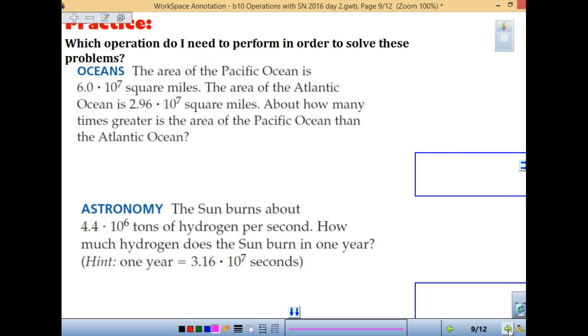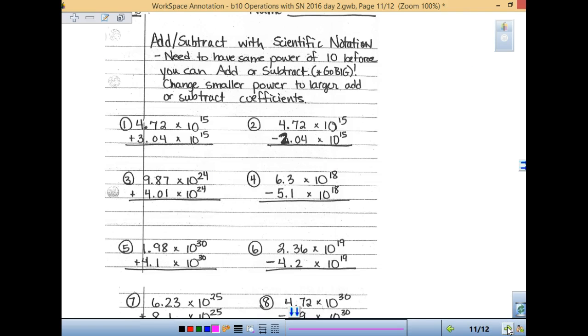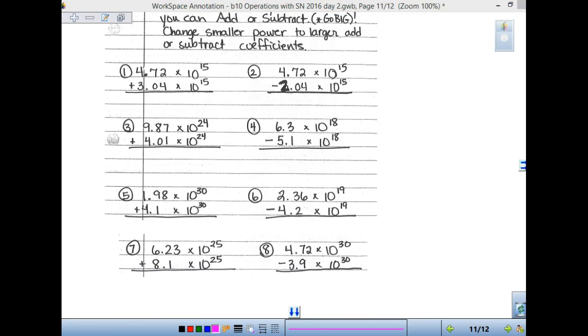And then we want to take a look at this worksheet. Look at the first page of this worksheet, please. Do you have to change any on the first page? No. None. Nope, of this sheet that I just handed out. There's a front and a back, okay? First page you should be able to do pretty easily.